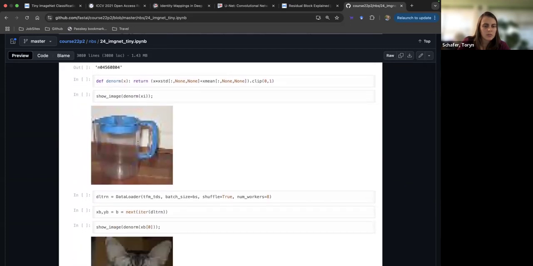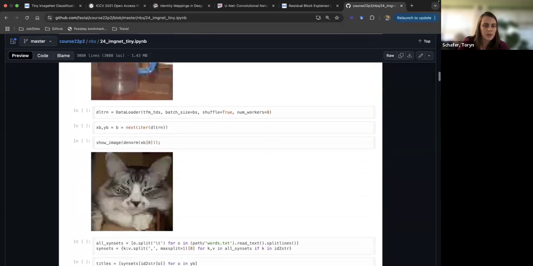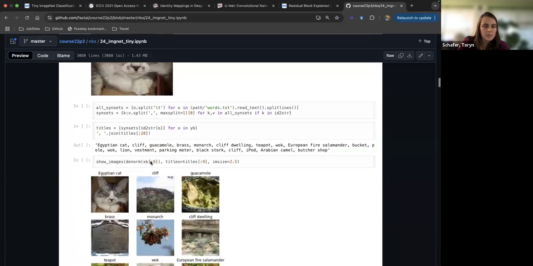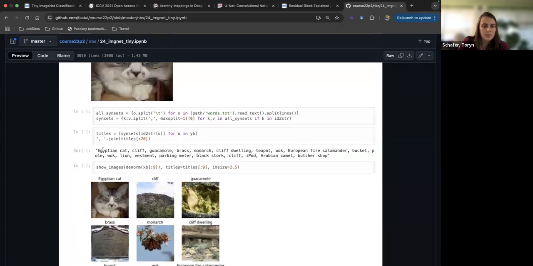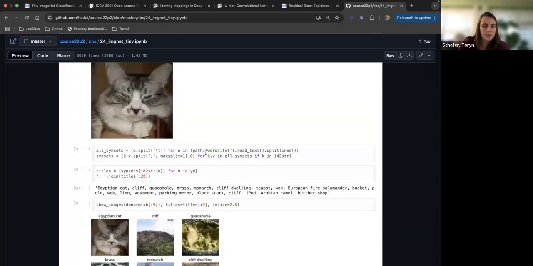And here are some of the examples. Water jug, cat. And these are some of the labels. Again, it's not printed here, but he did more string manipulation on this WordNet file, word text, split it by tabs, and then only kept the first.